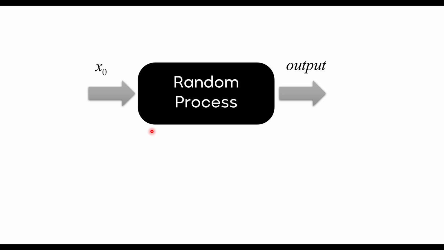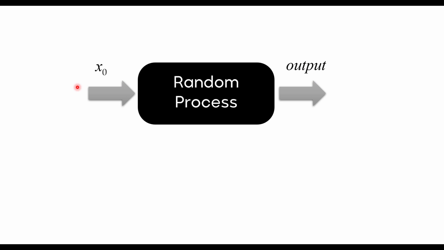In order to better understand the concept of random seeds, consider this random process of generating random numbers as an algorithm, which, if you pass an initial value to it, you will get the output. So for example, if you pass an initial value equal to 0, then you are going to get the corresponding output.